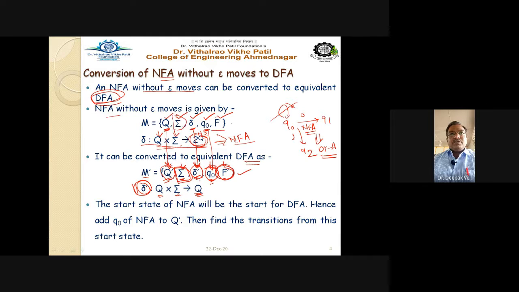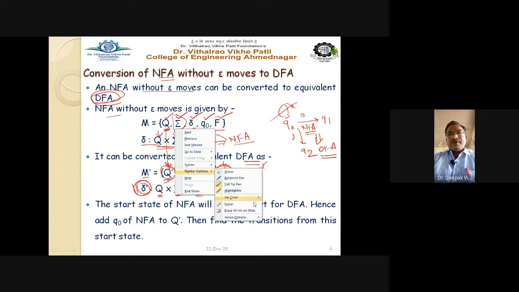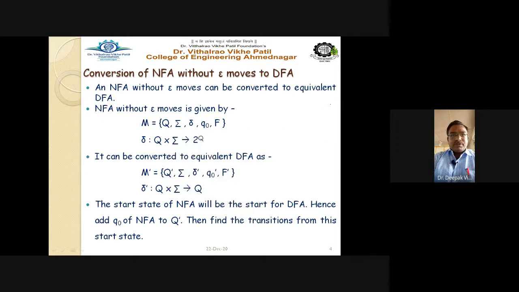See here, in case of NFA it is named sigma, and the same sigma is indicated here. It is not sigma dash. So the meaning is that while converting our NFA to DFA, these parameters are to be changed. In the original given NFA, you have Q, but in the resultant DFA, we'll get Q dash.